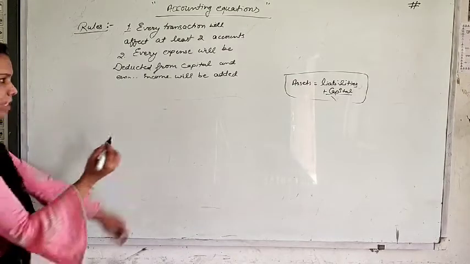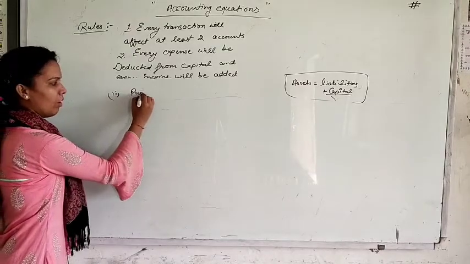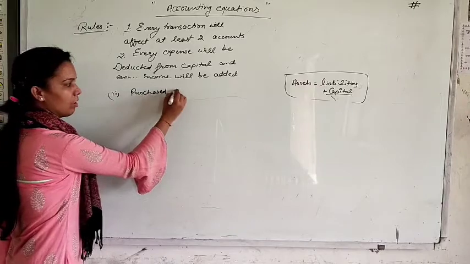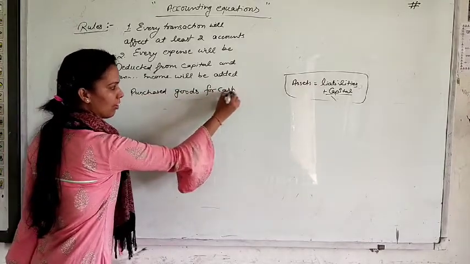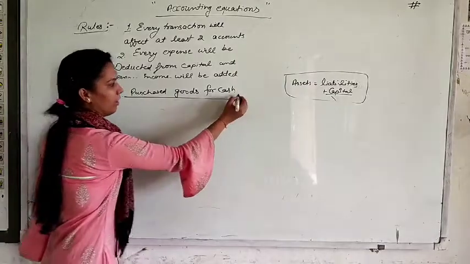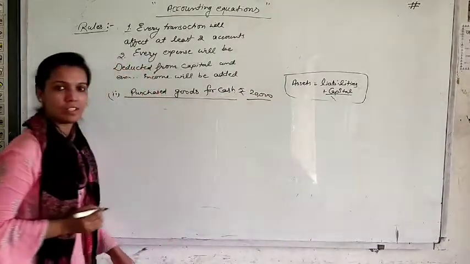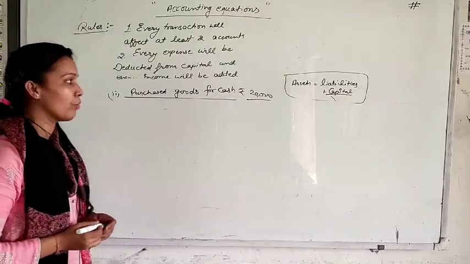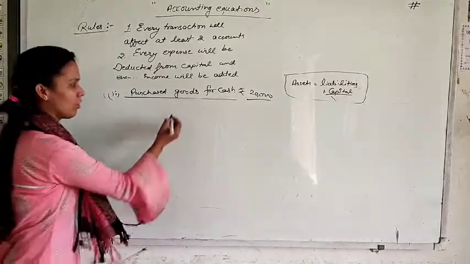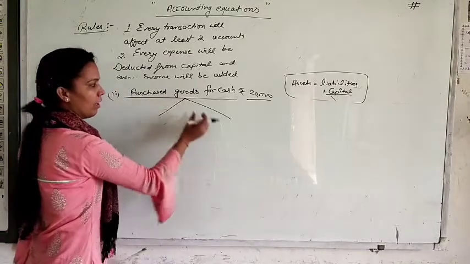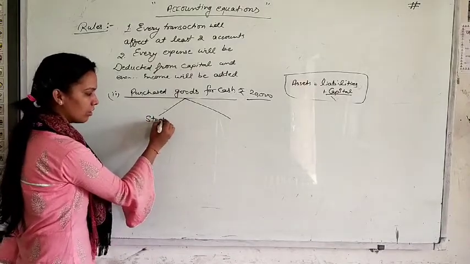Let's take another example: purchased goods for cash, that may be rupees 20,000. You have purchased goods in your business of rupees 20,000. What are the 2 accounts that will be affected by this transaction? Goods you have purchased means stock.